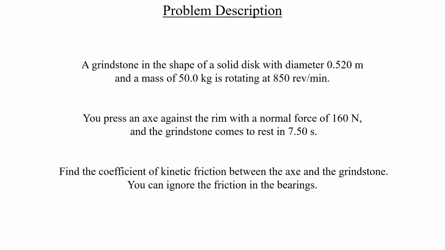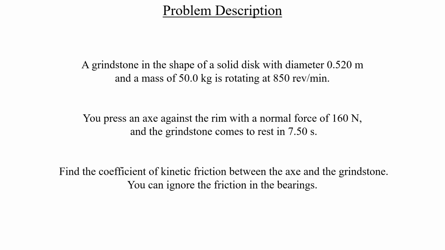The frictional interaction between these two objects will cause the grindstone to slow down, and after a small amount of time, the rotation will stop completely. It's our job to take these details and use them to figure out the coefficient of kinetic friction.